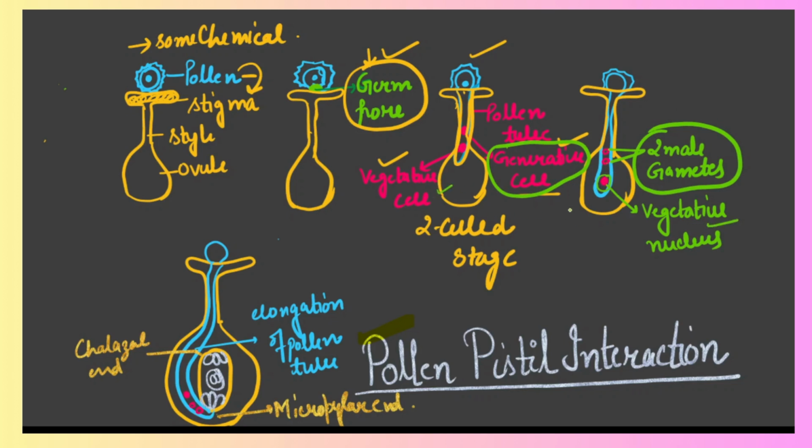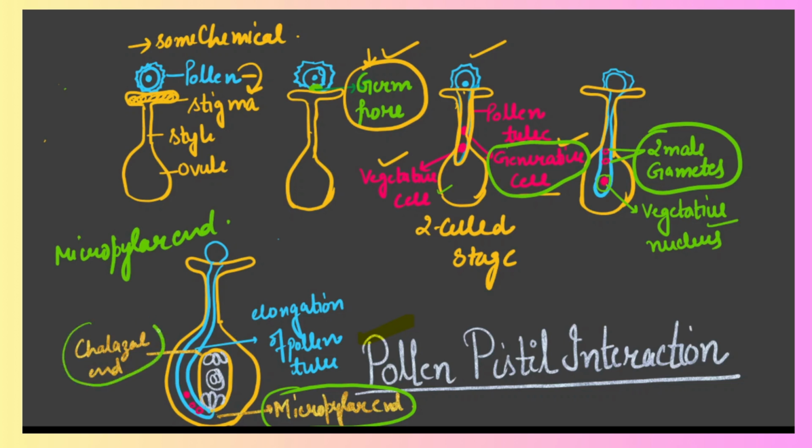Next point: the pollen tube will elongate and reach the micropylar end. This point is very important. We know there are two ends or two poles of the ovule.